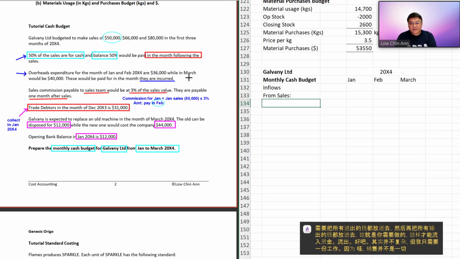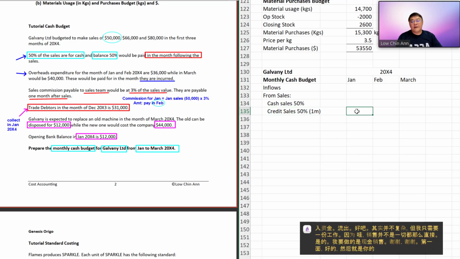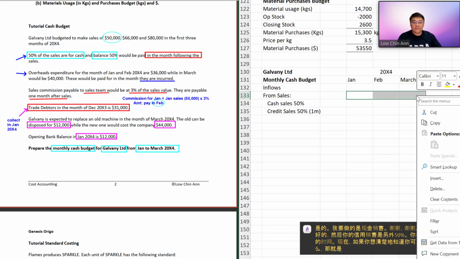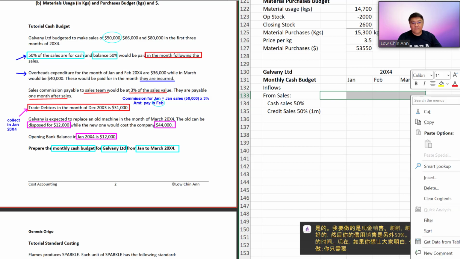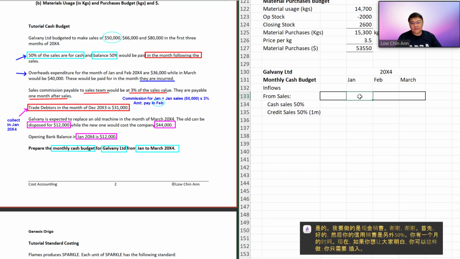So what I'm going to do is cash sales 50%, and then your credit sales is the other 50%. You have 1 month credit. If you want to be clear, you could just put in an example value. They tell me the sales are 50,000, 66 and 80.